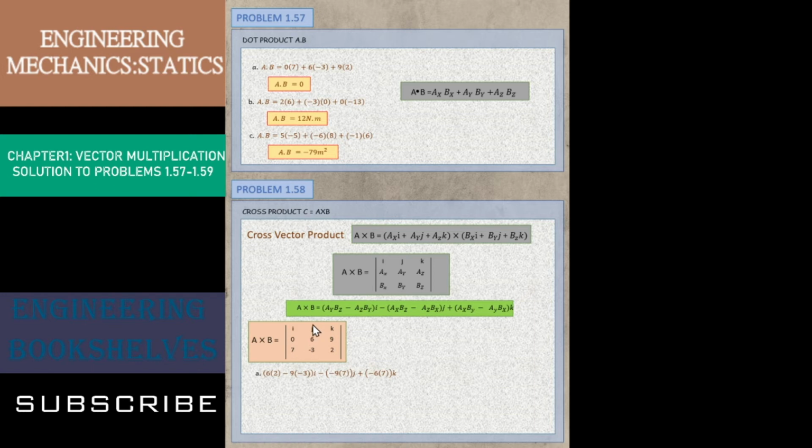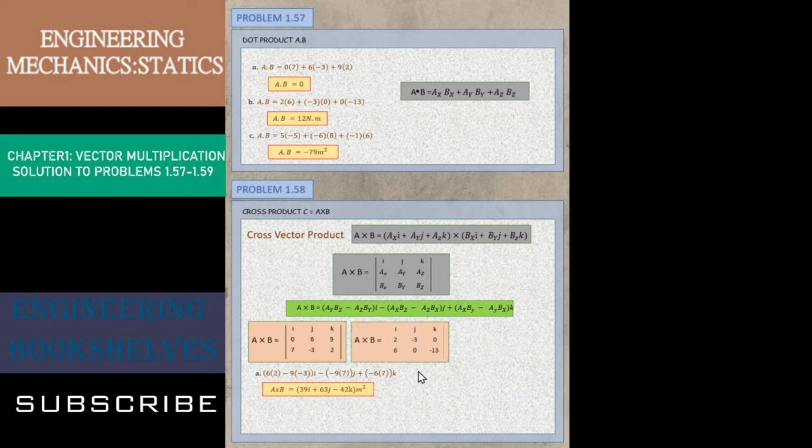And then minus for j, 0 times 2 minus 9 times 7, and then plus for k, 0 times negative 3 minus 6 times 7. So here our cross product A times B will be 39i, since 6 times 2 is 12 plus 27 is 39i, and then 9 times 7, so this will be positive 63j and negative 42k N squared.